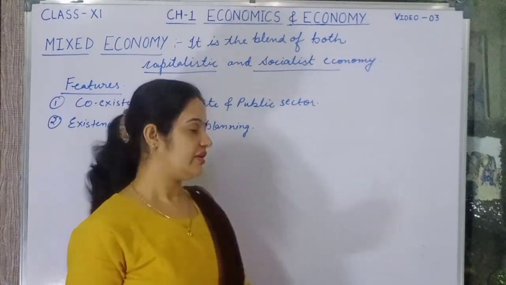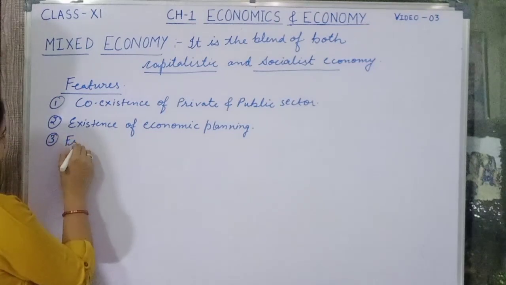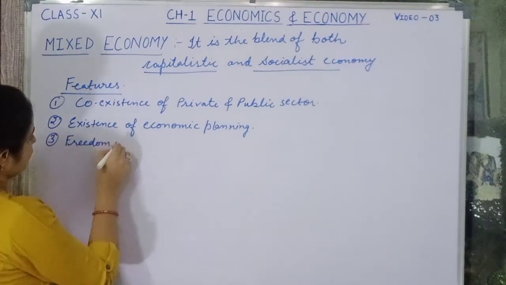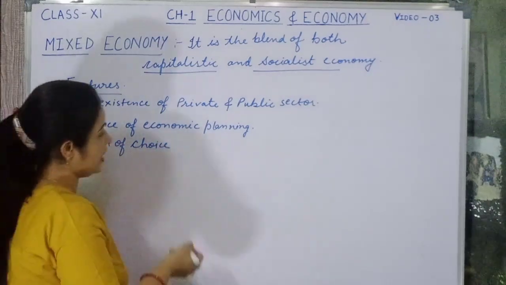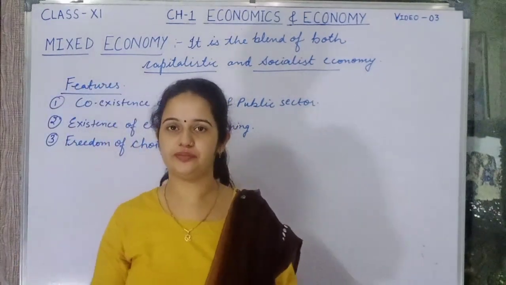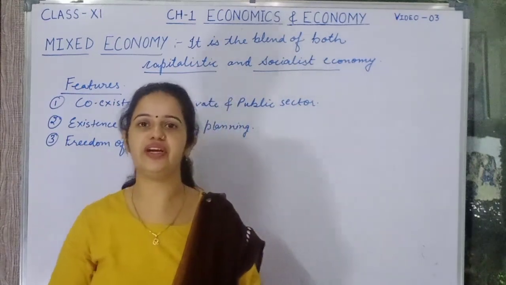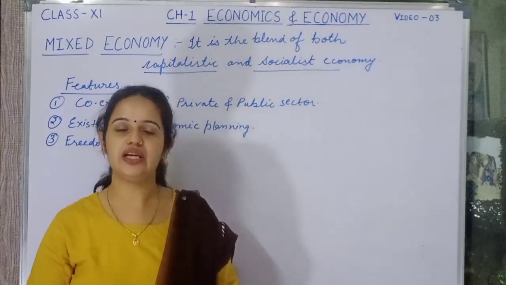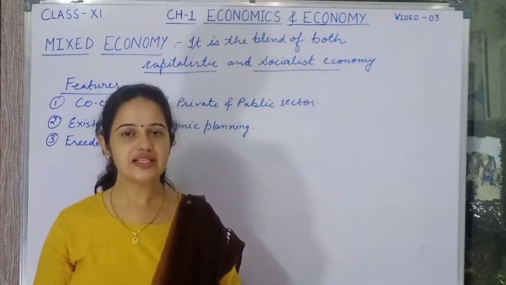Third feature is freedom of choice. Freedom of choice that we talk about is from the point of view of the consumer. Mixed economy ensures individual freedom regarding production, distribution, consumption, and exchange of goods and services.